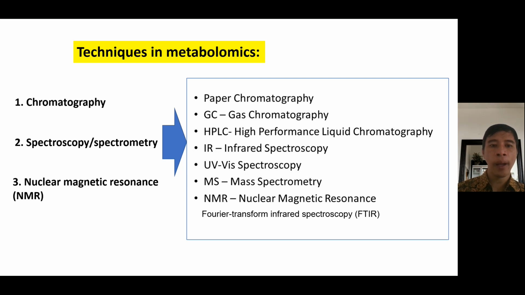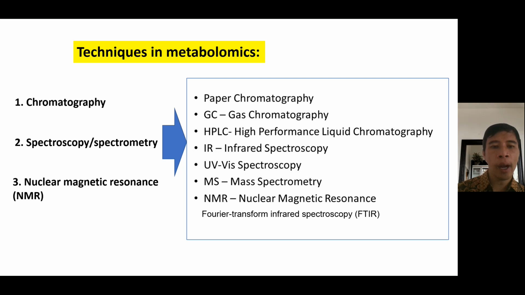For example, you combine gas chromatography with spectroscopy, and therefore you make use of the method of GCMS, or gas chromatography combined with mass spectroscopy.